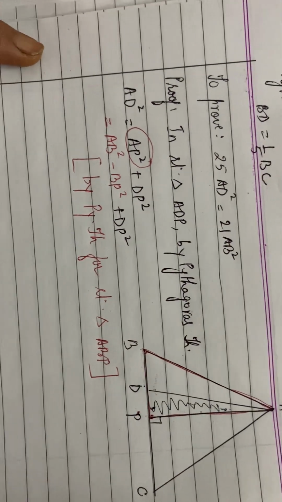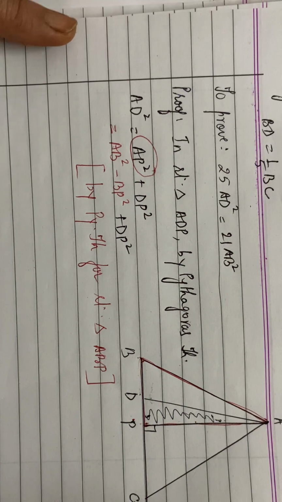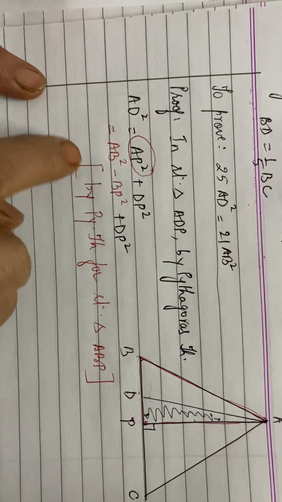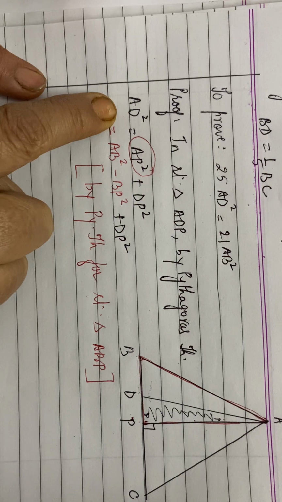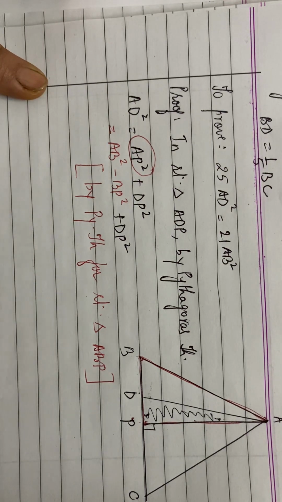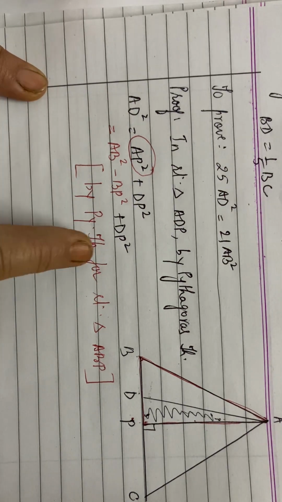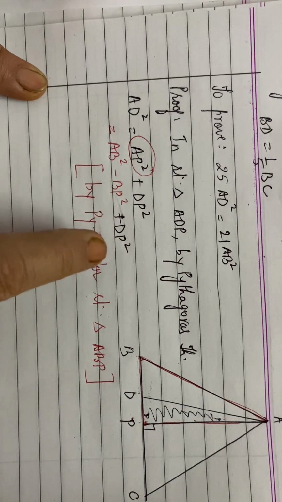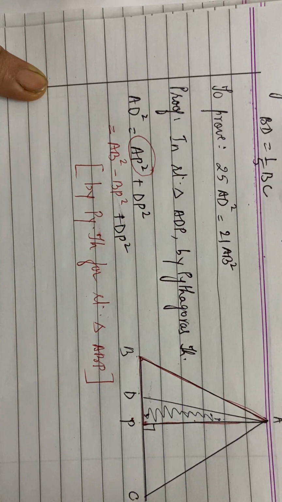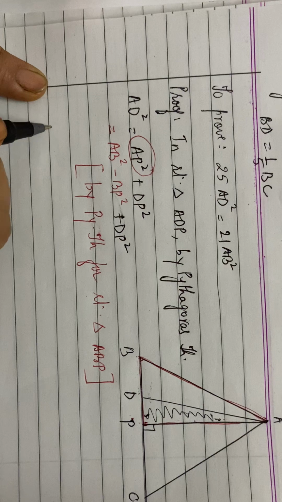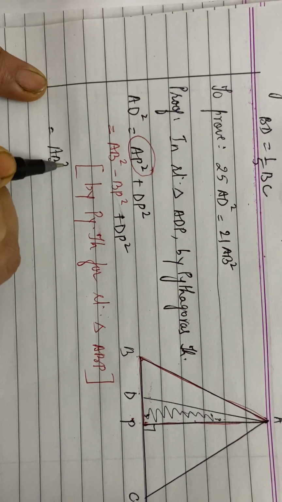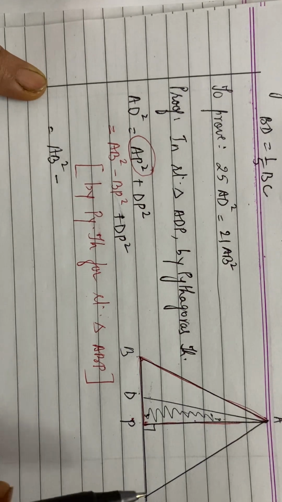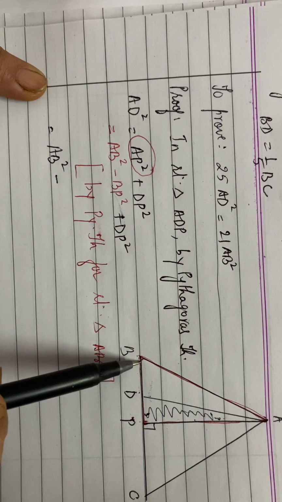Okay. Now come to the claim. Your claim demands it should be 25 times AD square. So before going for that 25, first of all we need to change these two. How can we change these two? Let us see here. AB square minus, now what is this BP?